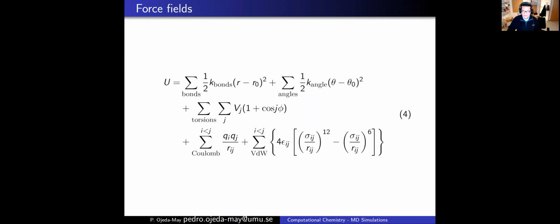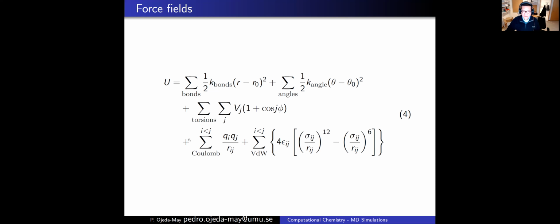So now let me go to some equations. The U that I mentioned before for the force computation is called the energy, or the Hamiltonian in this particular context, right? So in molecular dynamics, we have many terms for this energy. In particular, we have some terms for the bonds, the angles, the torsions, and the Coulomb.